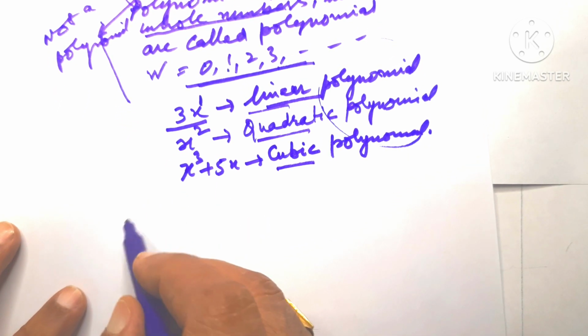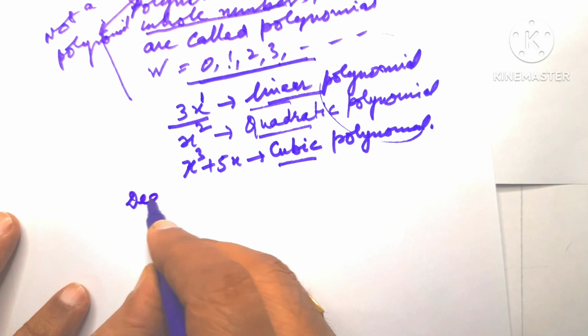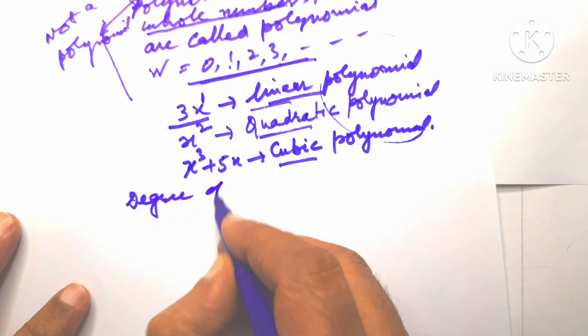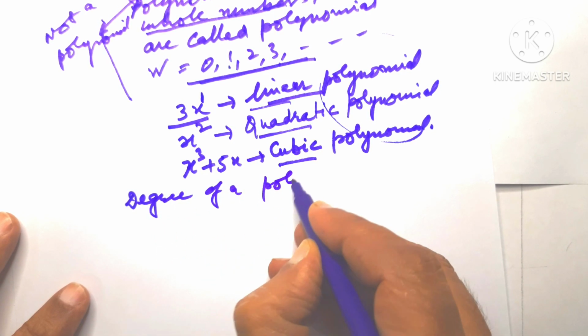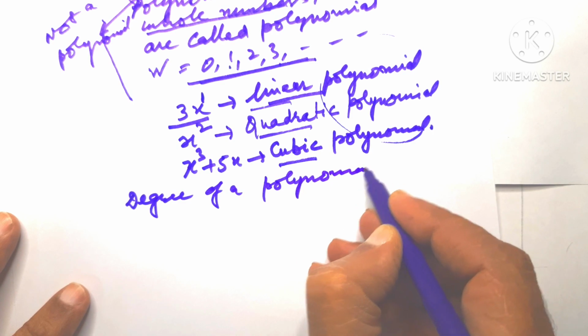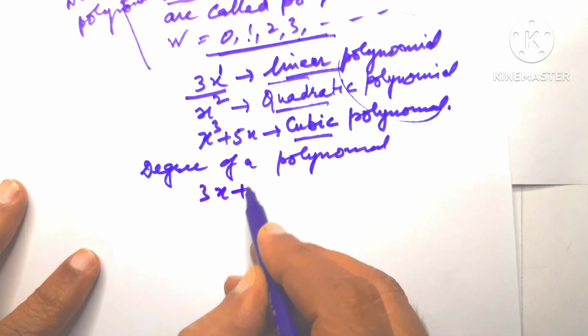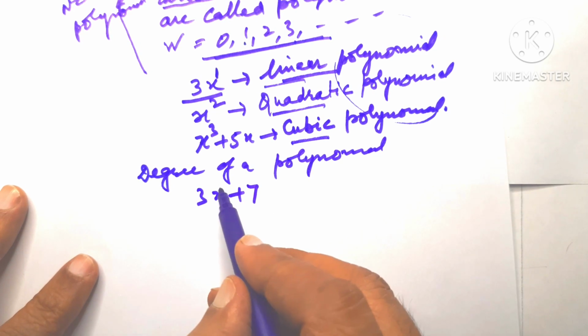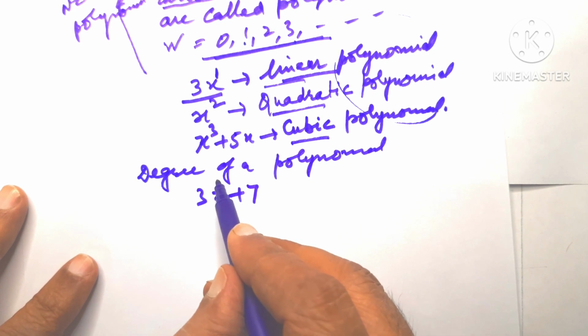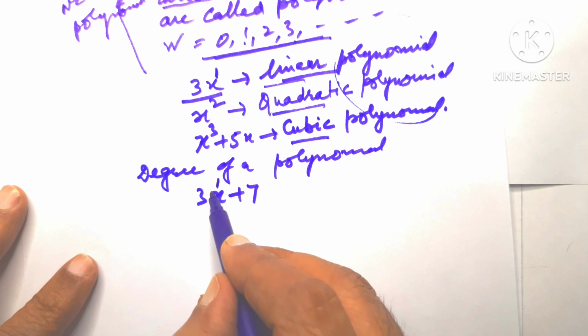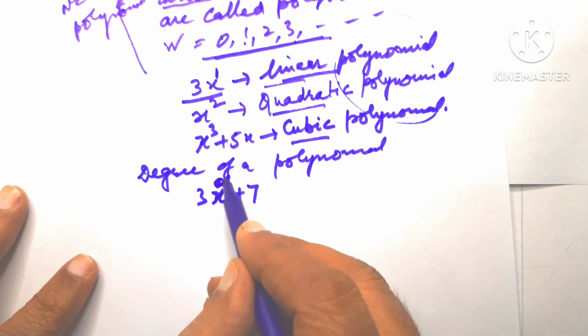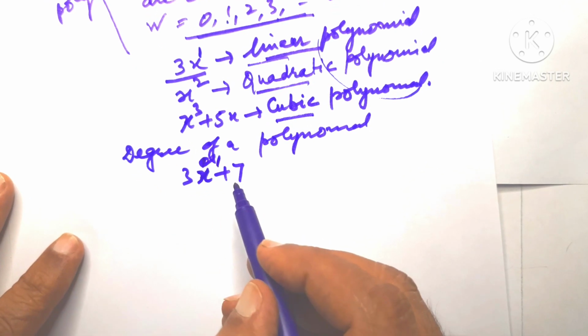Now the degree of a polynomial. Suppose I am writing a polynomial like 3x plus 7. The maximum power of the variable of this polynomial is 1.